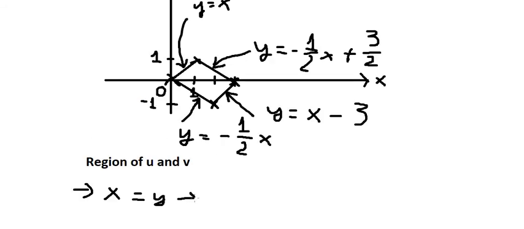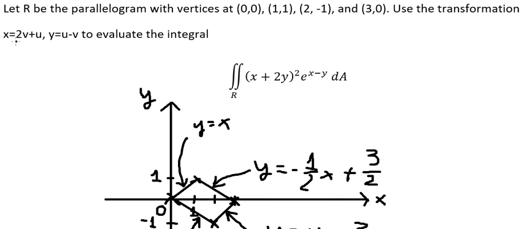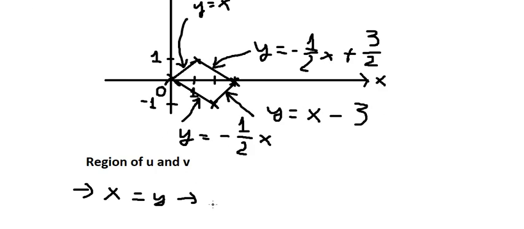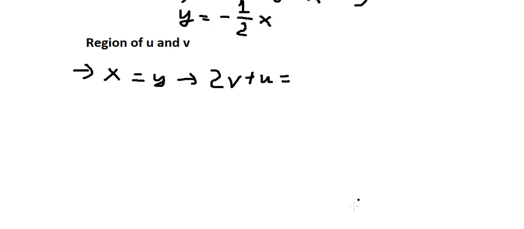So we put x equal to 2v plus u in here, and y is u minus v. We simplify u on both sides and we put negative v to the left. So we have 3v equals number 0. So we have v equals number 0.